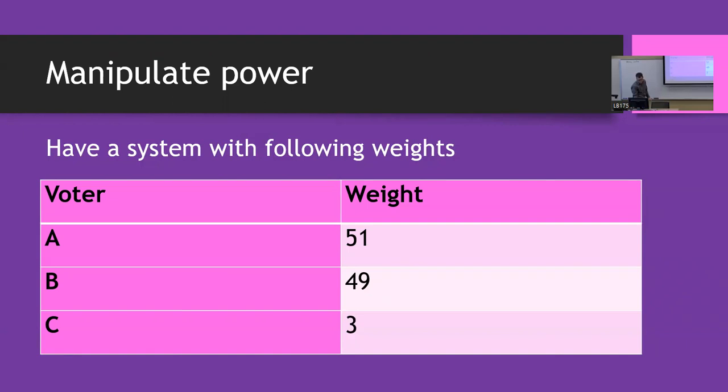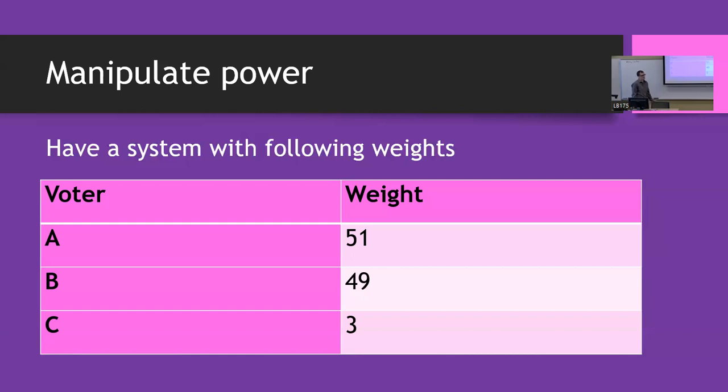Now we want our system to have a quota that's above 50%. So all quotas will need to be at least 52 or higher. Does that make sense? We could make it anything from 52 all the way up to 103.